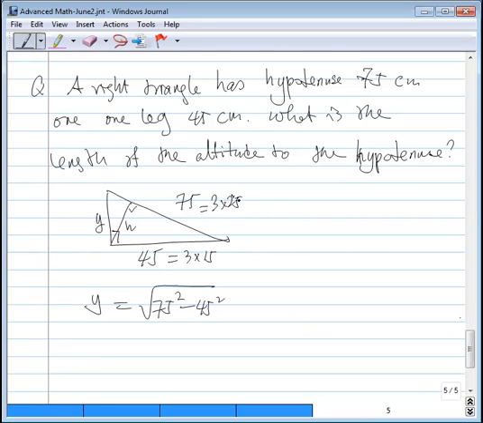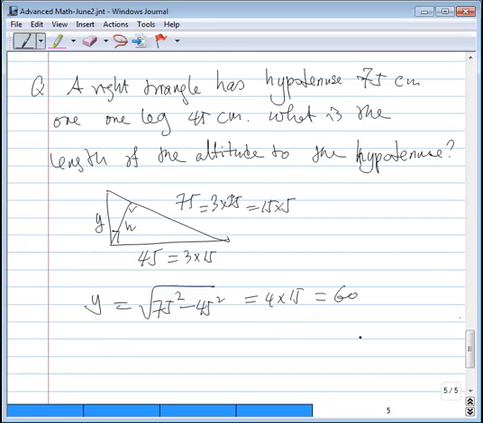Let's take a 15 out. This is 15 times 5, 15 times 3, which is much easier to look at. So the other side must be 4 times 15, which is proportional, correct? So 4 times 15 is 60.